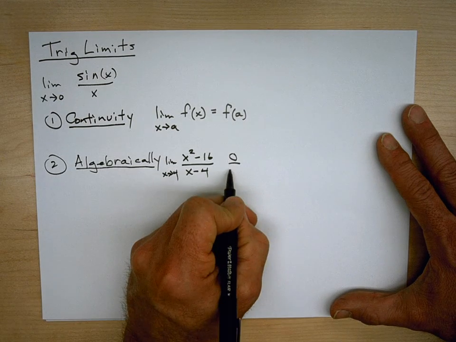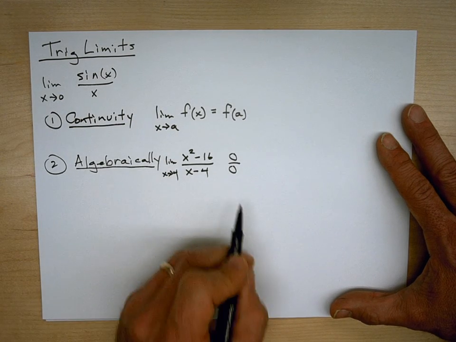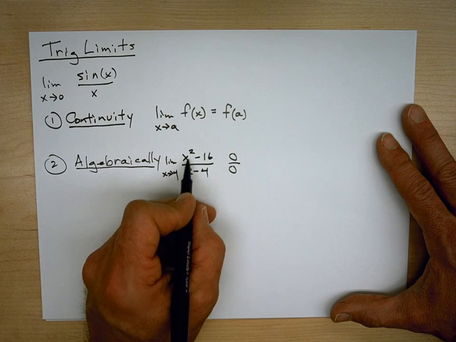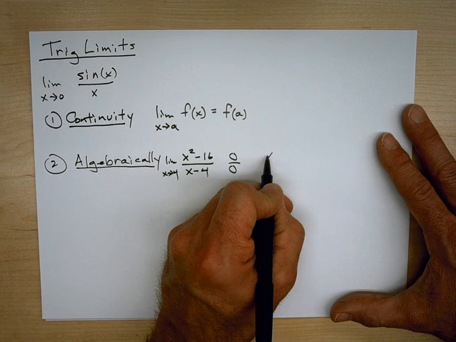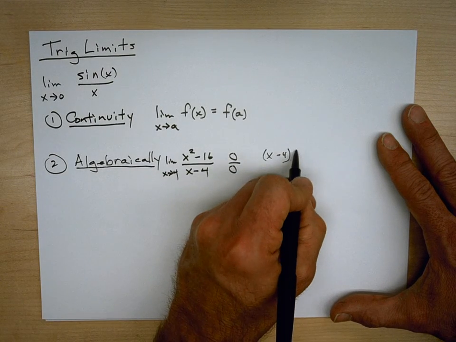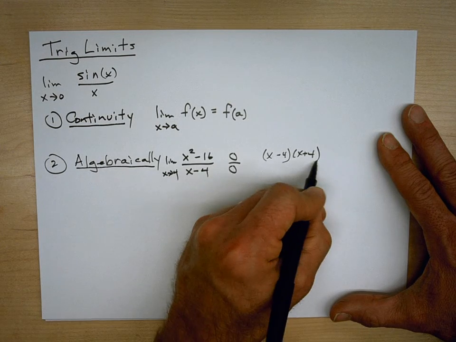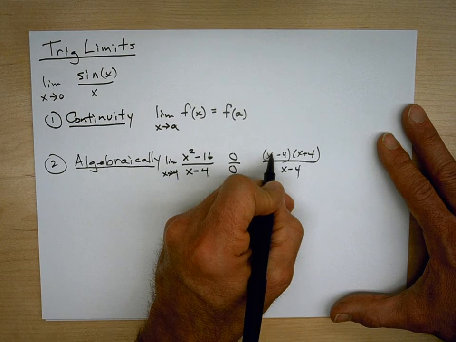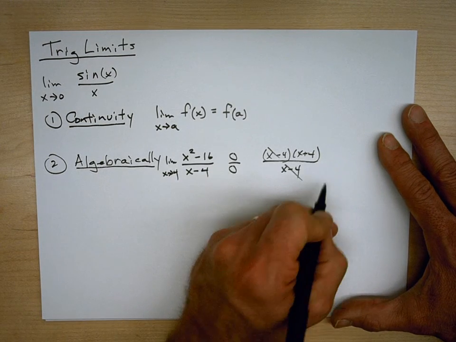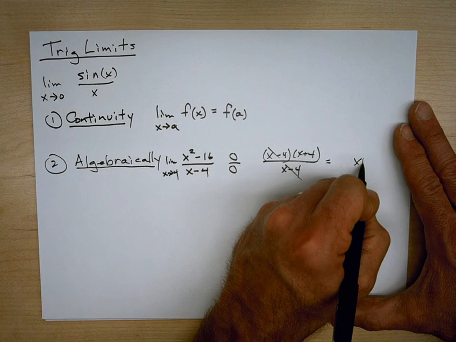Well, that's 0 over 0. It's undefined there. It's discontinuous at that point. But we could rewrite this as x minus 4 times x plus 4 over x minus 4. So those divide out and give us just x plus 4.